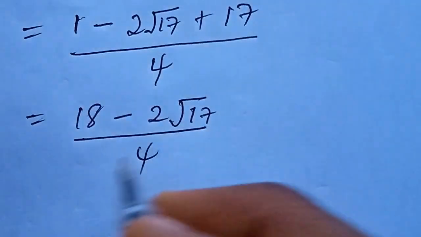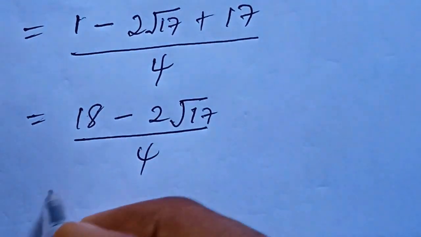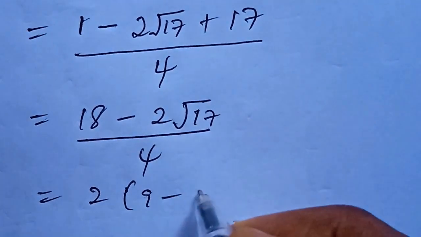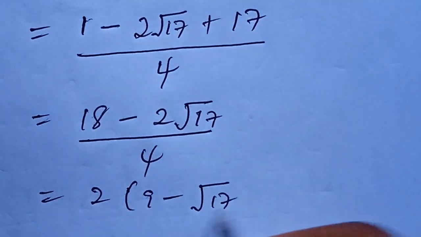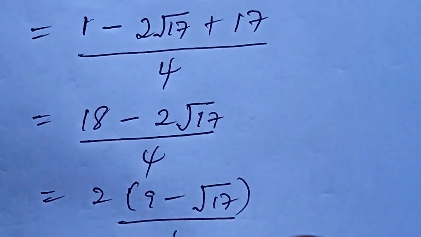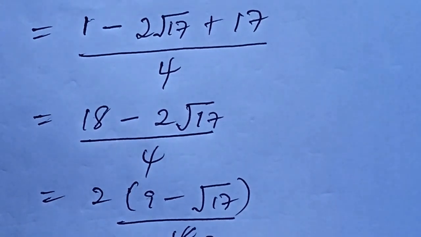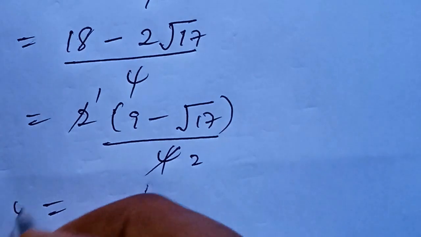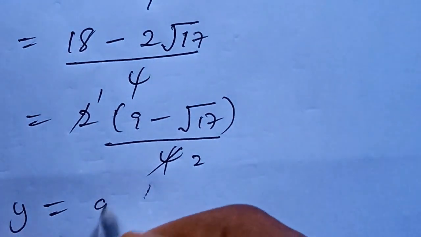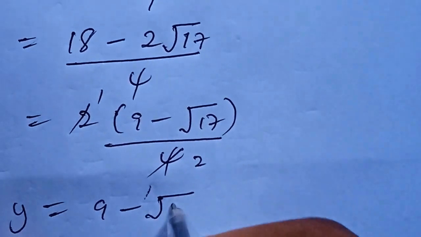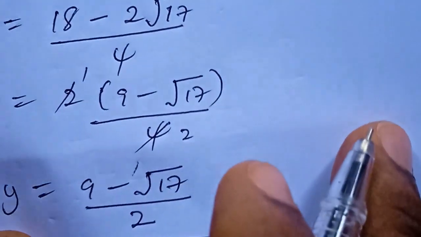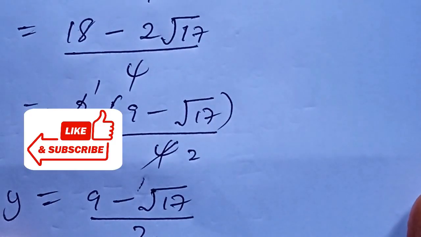This can be factored out, so we have 2(9 - √17) over 4. 2 here, 2, then 2 here, 1. So this gives us y equal to (9 - √17)/2. That's our value of y.